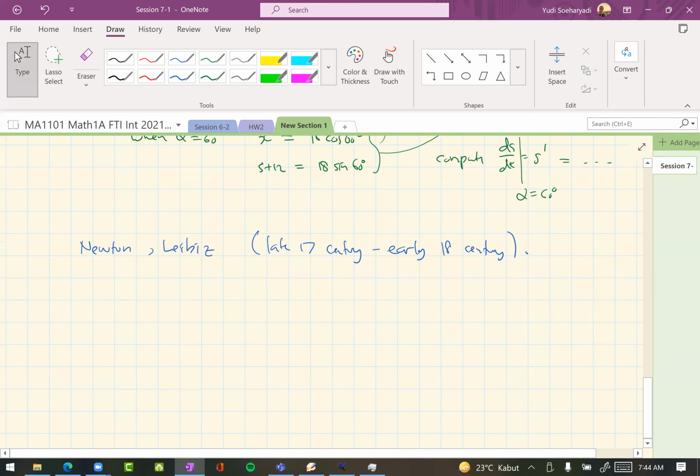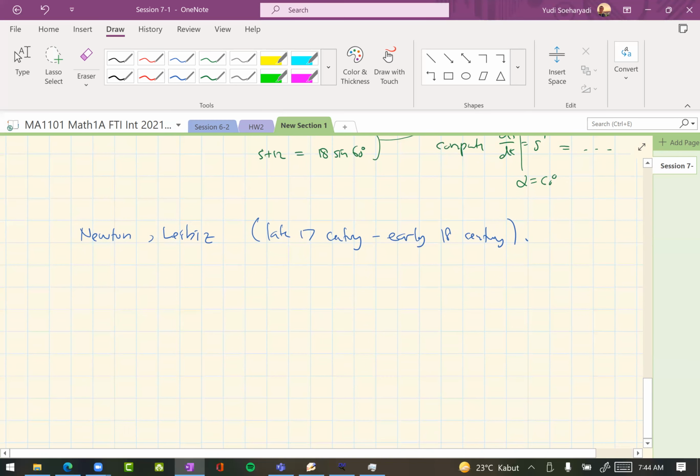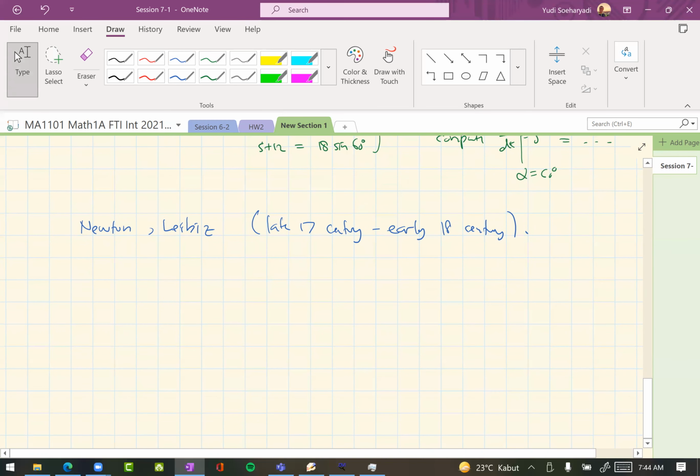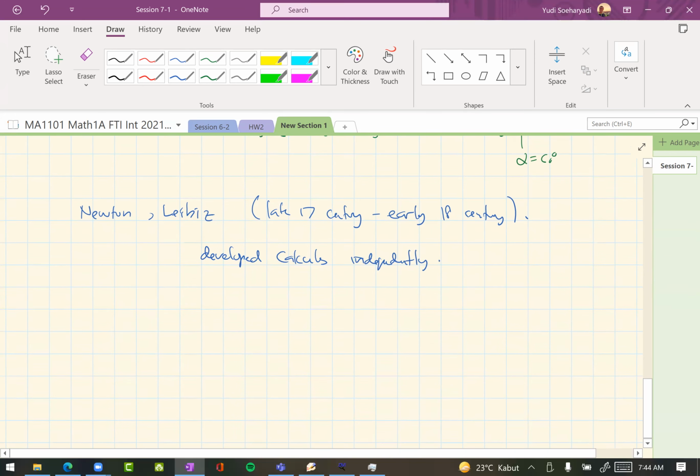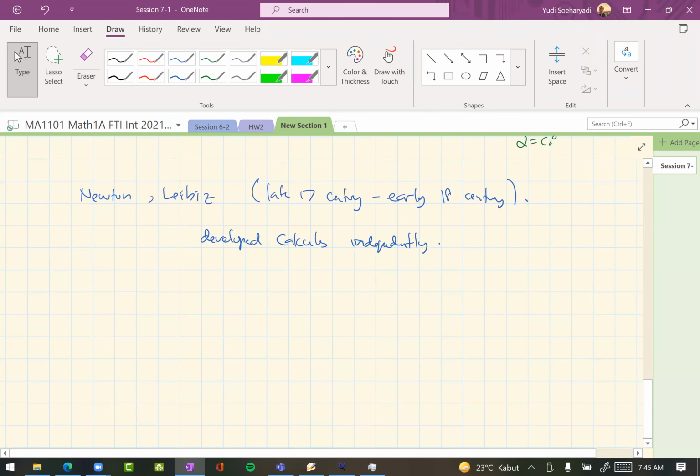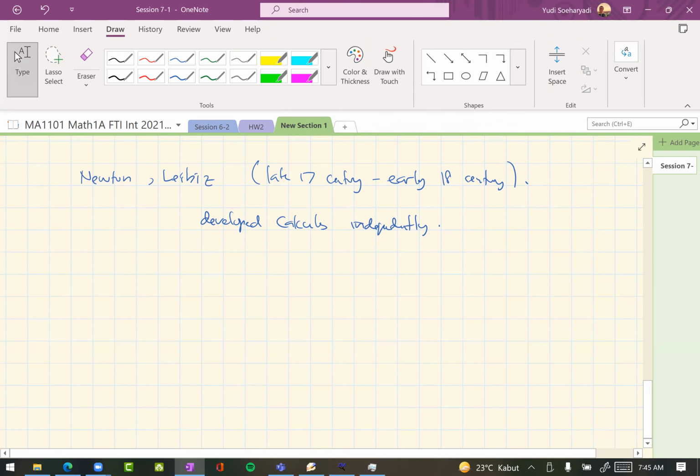The calculus developed by Newton and Leibniz were quite separate. I mean, they developed the calculus independently. It is their schools, their disciples, that disagreed and had a conflict about who invented calculus.